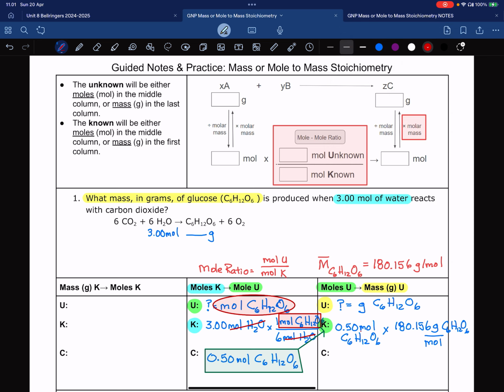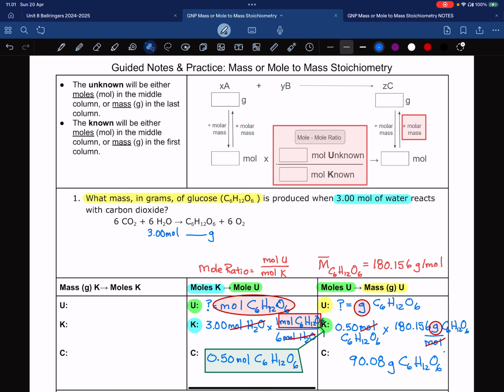The moles cancel. It leaves me with grams, and grams is what I wanted. So I'm going to do that calculation and round it to 2 decimal places, and when I do, it's going to be 90.08 grams of glucose.